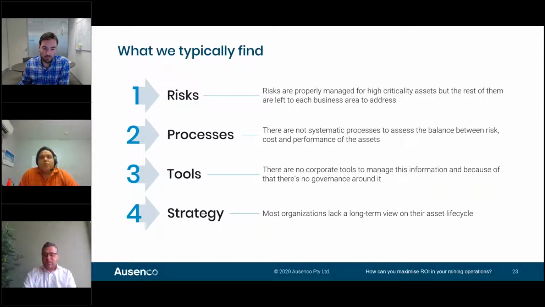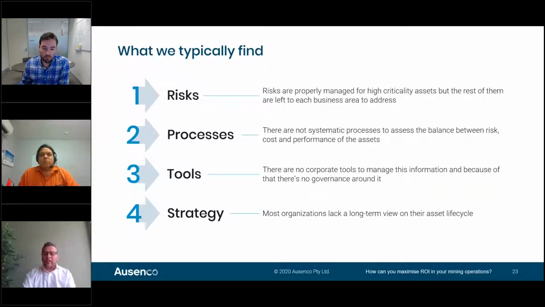And we are talking about risk here, so of course we need to be able to manage and understand it properly. And when it comes to strategy, there is a lack of long-term view on the asset life cycle. So I'm talking about what is my expected availability of my assets, what is my expected cost in the future for those assets.